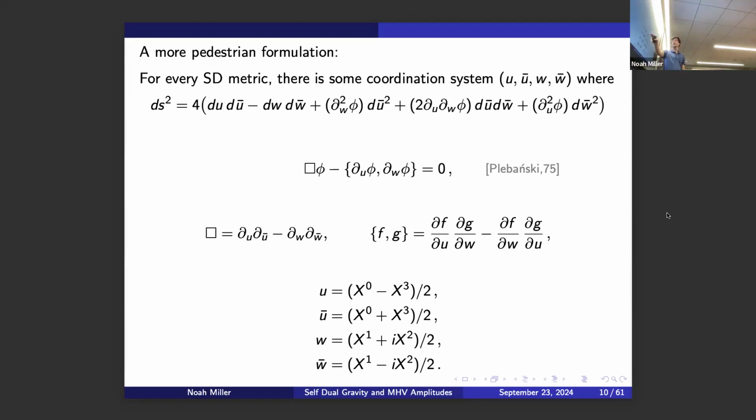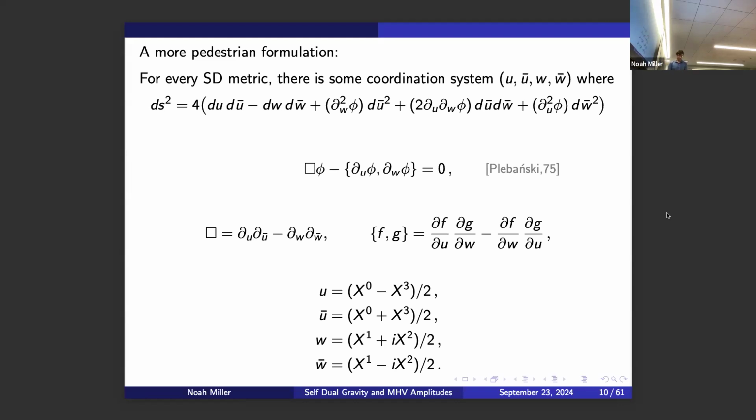Here u and u bar in 1,3 signature are both real independent coordinates. It's the standard light cone coordinates: u is time minus z, u bar is time plus z, and then w and w bar are x plus iy and x minus iy.